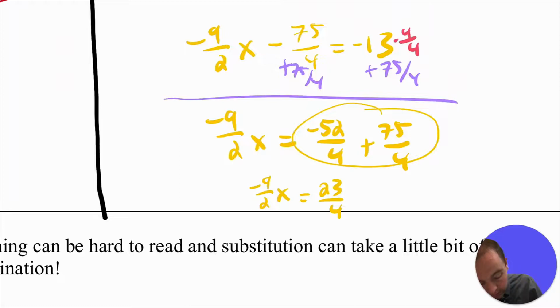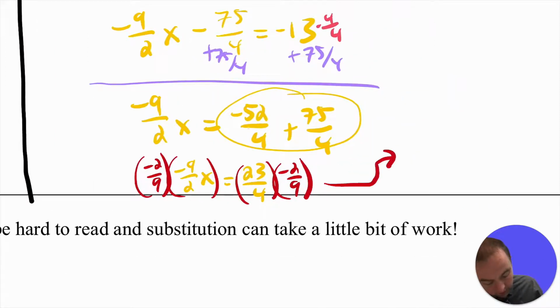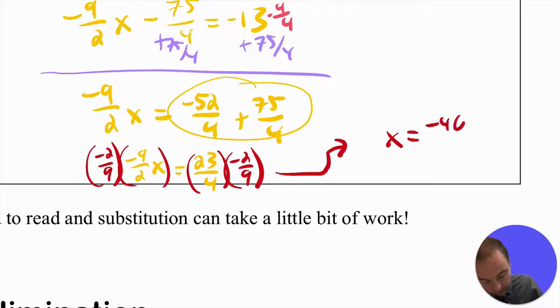And then you can finally isolate and solve for x if you multiply by the reciprocal, -2/9. We end up getting our final result for the value of x, which would be -46/36, which would reduce down to -23/18.